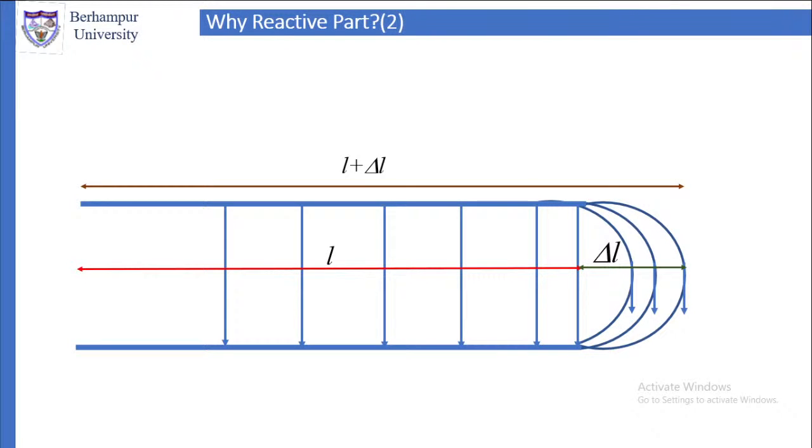So there is fringing. The physical length is L. Because of the fringing, the electric field will exist substantially for an additional length, which we call delta L. So the total electrical length is not the physical length L, but the physical length plus the length due to fringing fields.